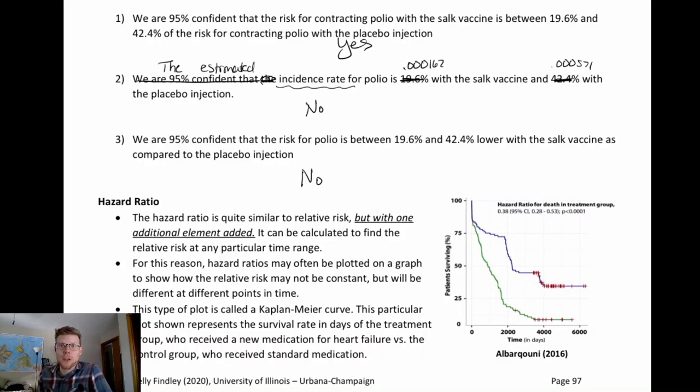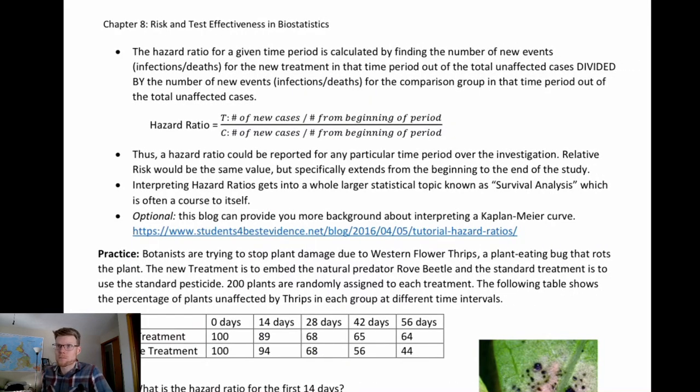So in this case, maybe the time element isn't super important because the rates seem to be pretty similar at any given point that we might look at. However, there might be some cases where our Kaplan-Meier curve shows changes in which group seems to be more hazardous at different periods of time. And so calculating hazard ratios for any given period of time can be helpful for more targeted analysis and comparison.